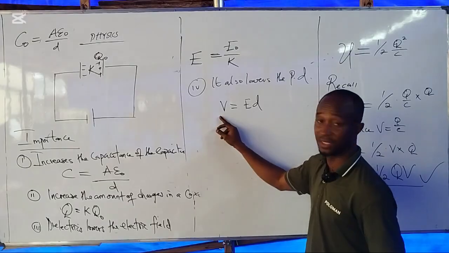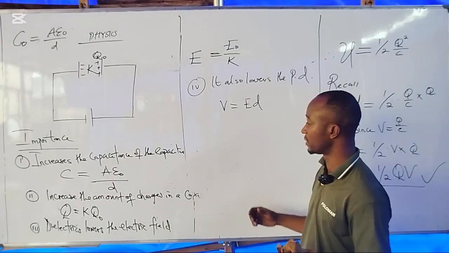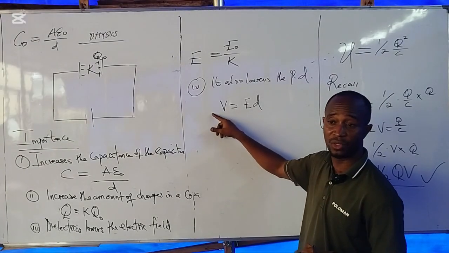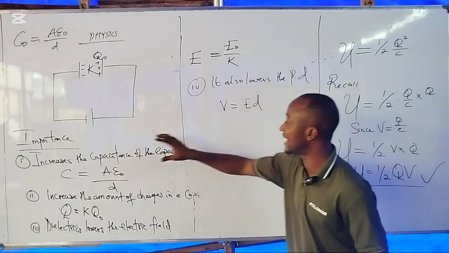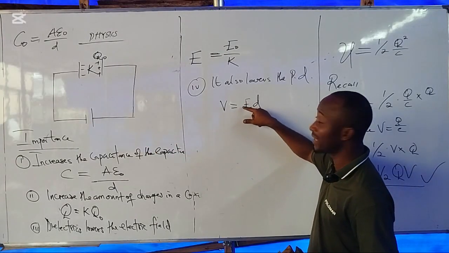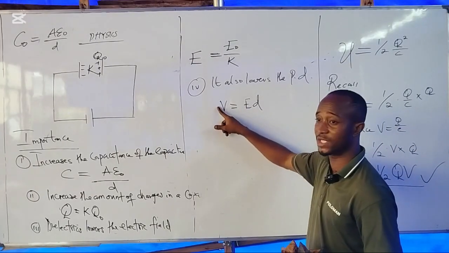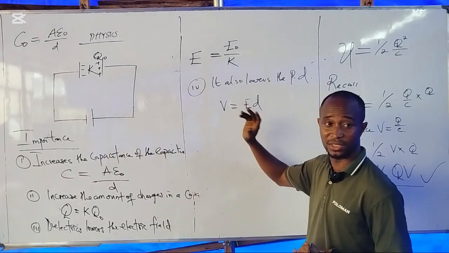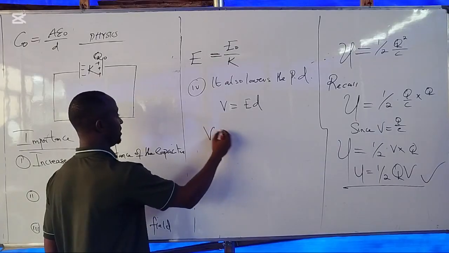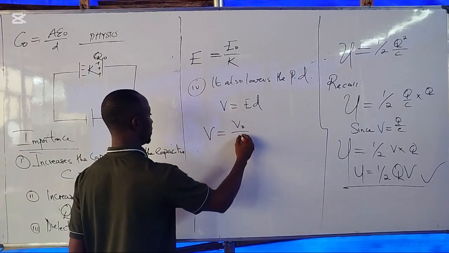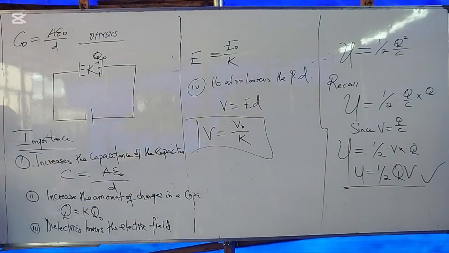E and V have a direct relationship. Whatever happens to your E also happens to your V. So if the dielectric lowers your E, that means it must also lower V. Did you get the concept? The actual relationship is V equals V naught over K. I would have loved to show the derivation, but let's just take it that way.